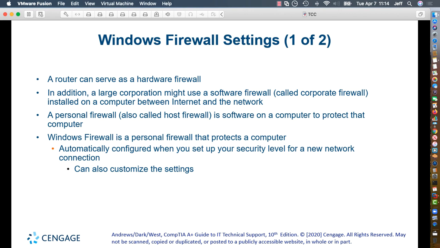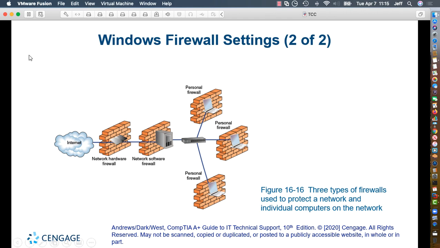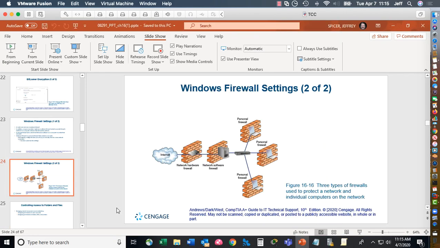But also routers can do some basic firewall stuff, but then we actually have firewalls on corporate networks that are devices capable of doing all kinds of security investigations and settings, but there's also some software on Windows. Windows Firewall, it's a software personal firewall that comes installed.